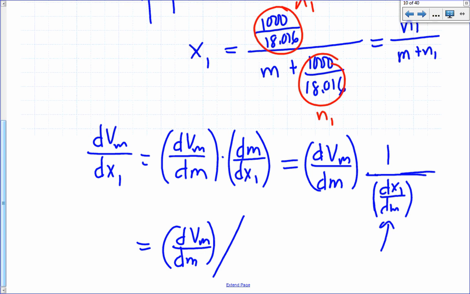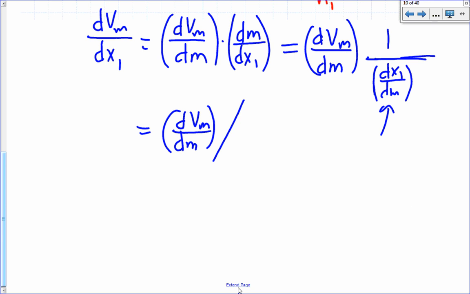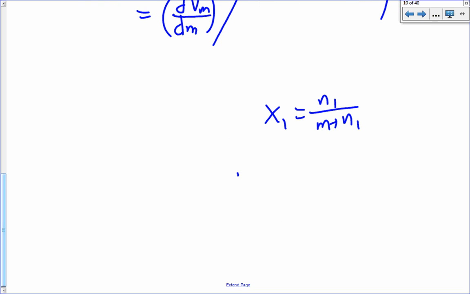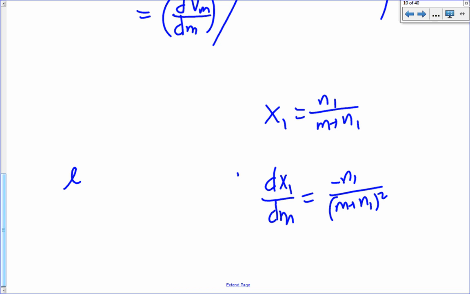Let's take the derivative of that. x1 equals n1 over m plus n1, so we should be able to show that dx1 dm is equal to negative n1 over m plus n1 squared. Let u equal m plus n1.